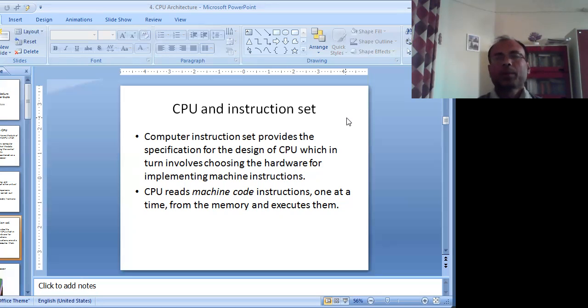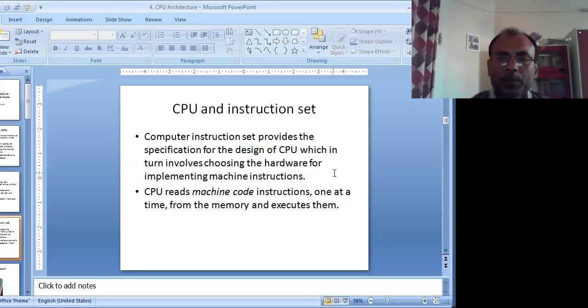What is the exact format of an instruction? Later we'll talk about that. Instructions have two parts, opcode and operands, which will be part of our later discussion. The CPU basically executes the low level or machine level instructions brought from main memory into the CPU.